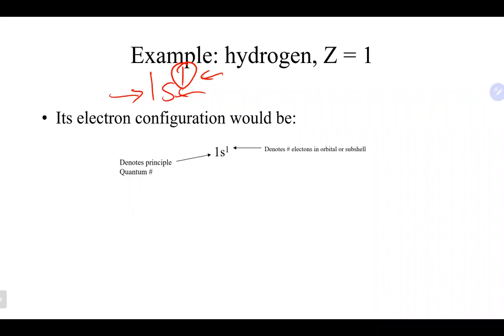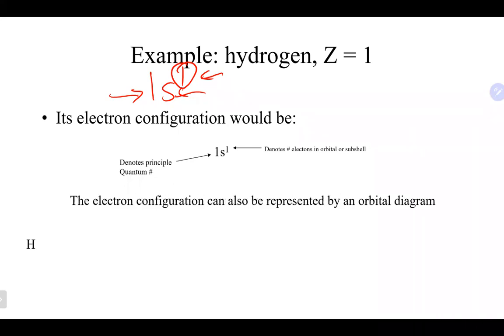Another way that we can represent electron configuration is what is referred to as an orbital diagram. In an orbital diagram, you use boxes or lines to represent the orbitals, and you use arrows to represent the electrons.